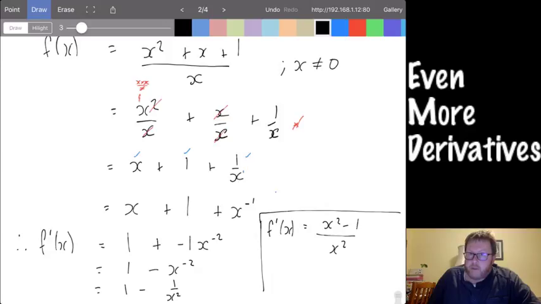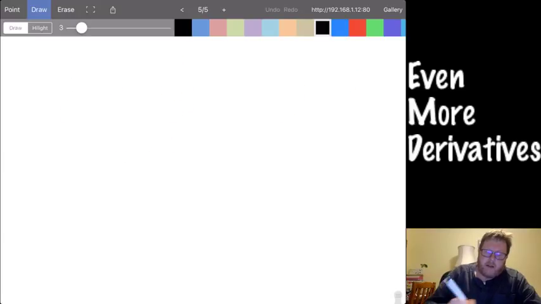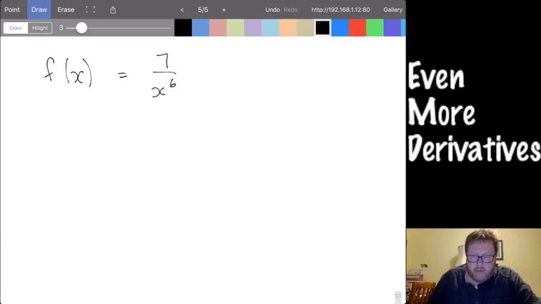So there you go. The point of this particular one is that you can extend your idea of the power rule in derivatives to negative numbers. Okay, let me just skip past these ones. If I had f of x is equal to 7 on x to the power of 6, say for example, then I would simply make that 7x to the power of negative 6.